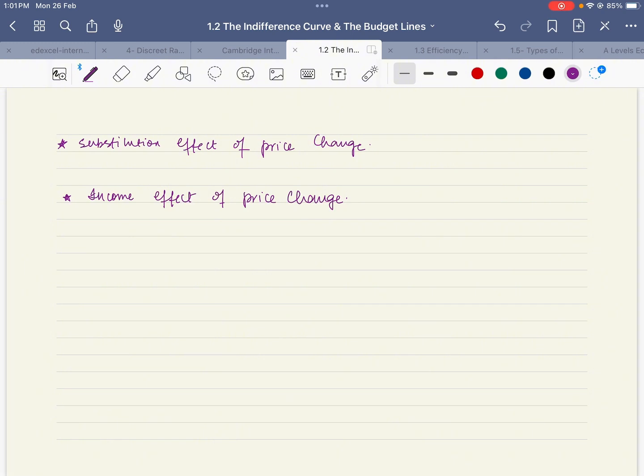Income effect of price change will be that the consumer will actually have more money to spend on good X whose price has dropped. They will be able to buy more of good X with the same amount of money that they have. This is called the income effect of price change.